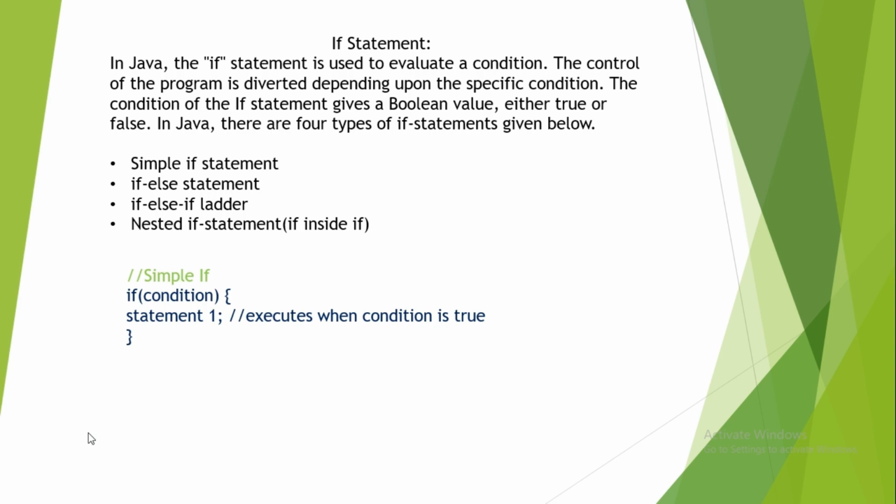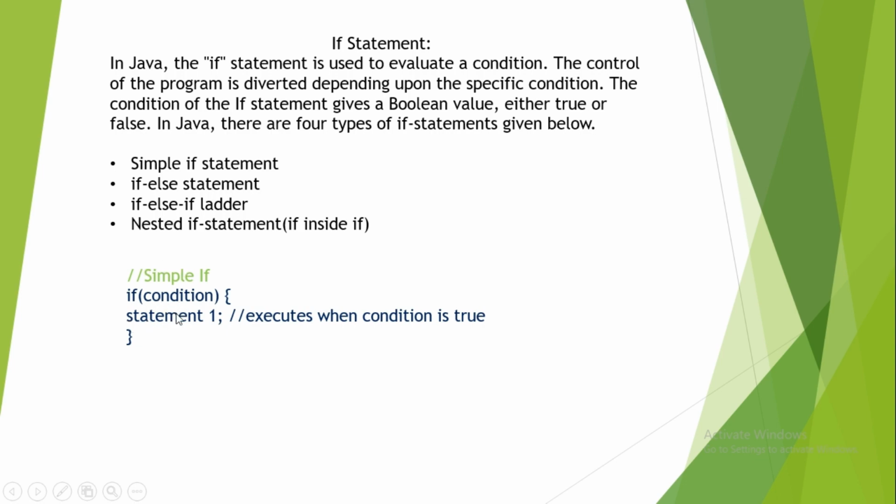First one is the simple if statement. The syntax is like this: if, and in brackets you have to give the condition. Whatever condition you give, it should be a boolean value, followed by curly brackets and the statements which need to be executed.